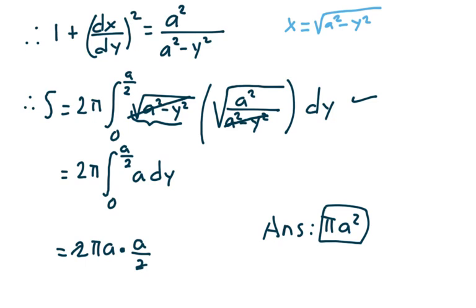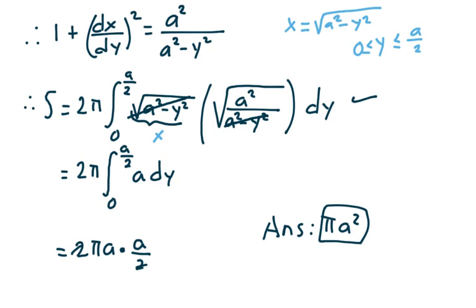So S is 2 pi times the integral from 0 to a over 2, because remember y is wedged in between 0 and a over 2, of x, which is the square root of a squared minus y squared. So don't forget, we're integrating with respect to y. This square root of a squared minus y squared, that's another name for x.